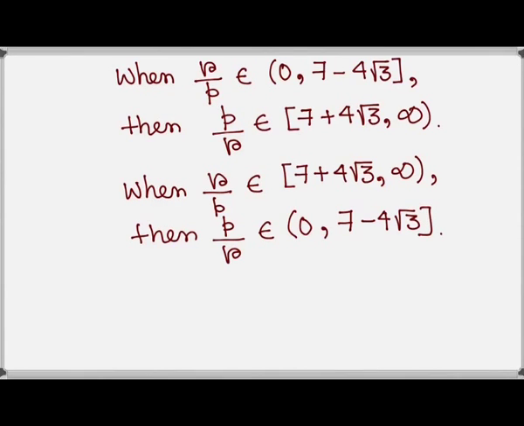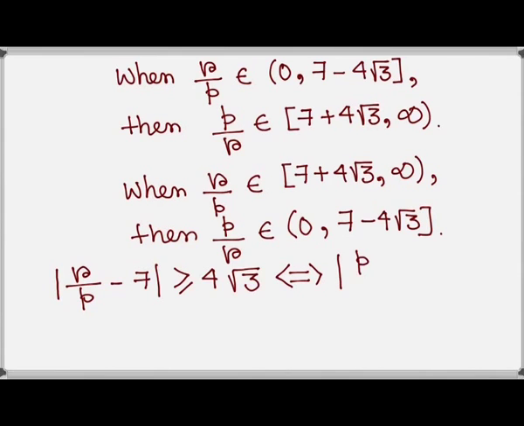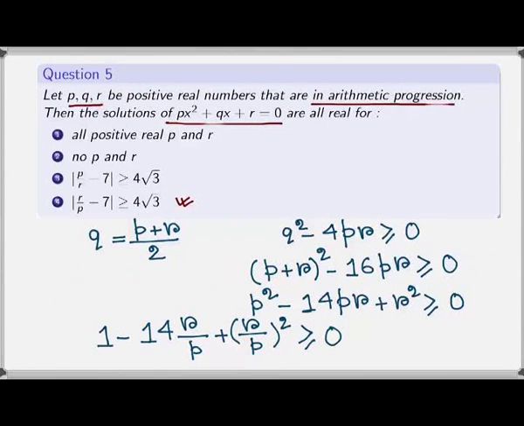So from here now we can say that the condition modulus of r by p minus 7 is bigger than equal to 4 square root of 3 is equivalent to modulus of p by r minus 7 is bigger than equal to 4 square root of 3. So the option 3 is also correct.